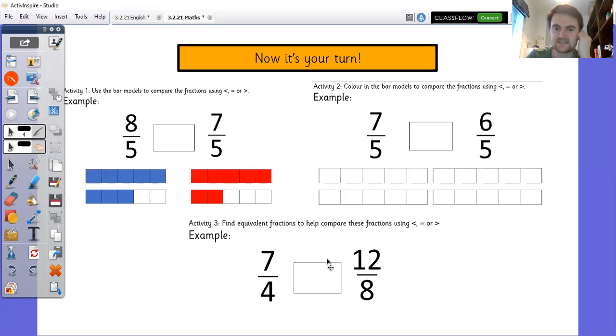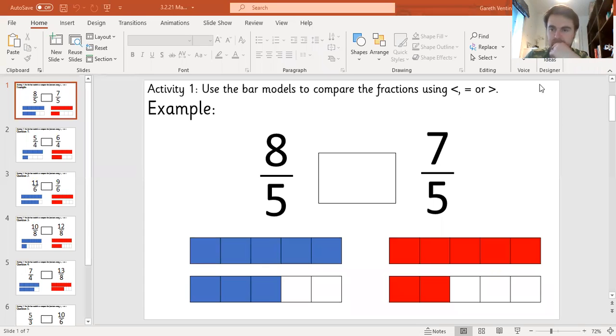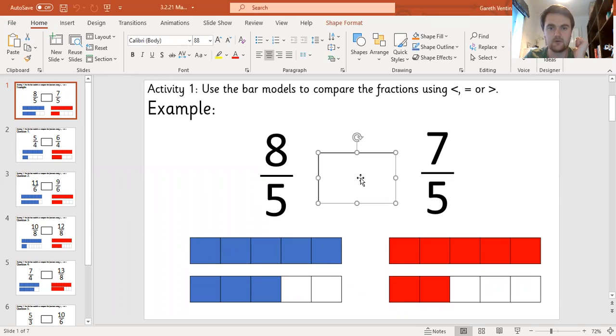So let's have a look at what your activities are going to be today. Again, 3 levels of activity plus a challenge, which is going to be going up as an ordering activity. So for activity 1, you've got the bar models all done for you. So 8/5 and 7/5. I can see that 8/5 has got a greater number of squares shaded in. So that one is going to be my greater number.